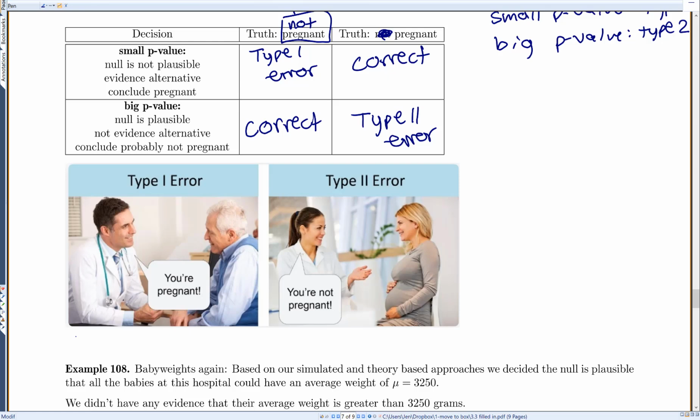So type 1 error means not pregnant, but you decide you are. A type 2 error then is you actually think you're not, but you are. So you are pregnant, but think you're not.